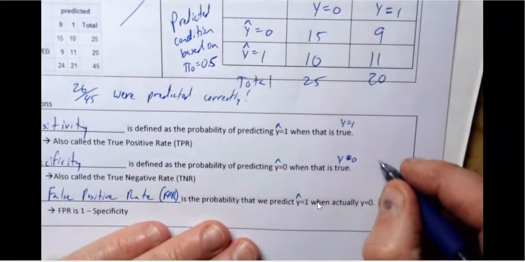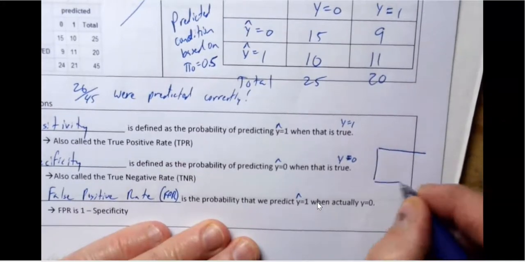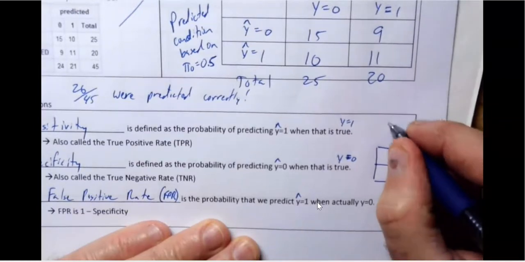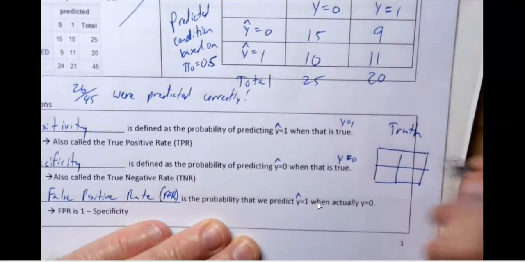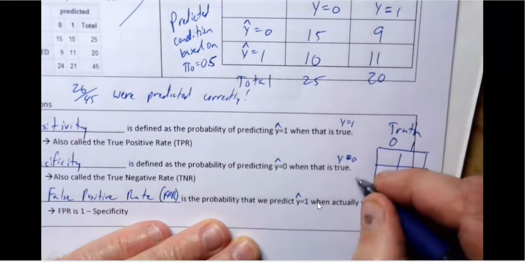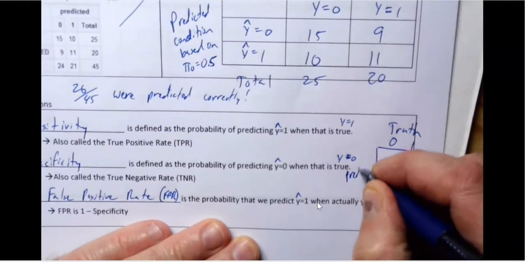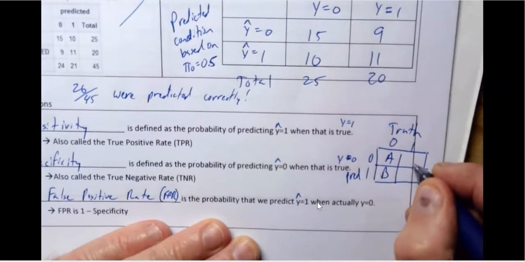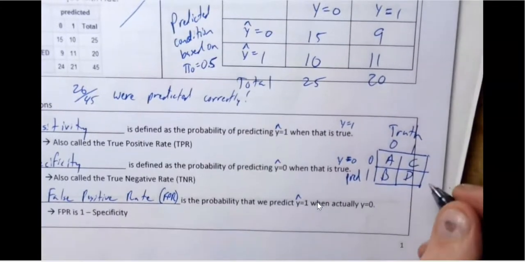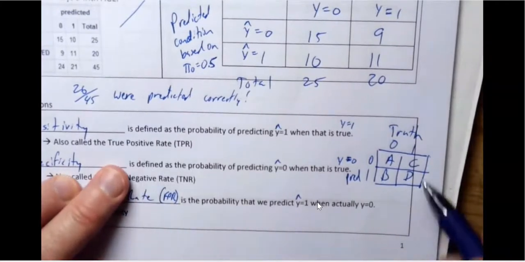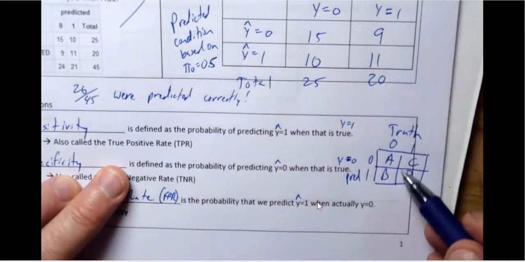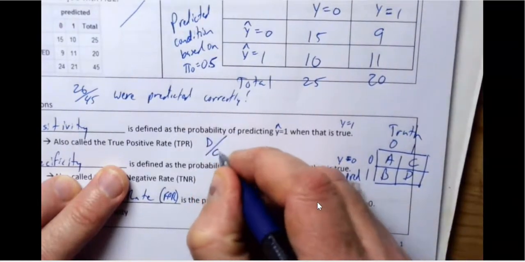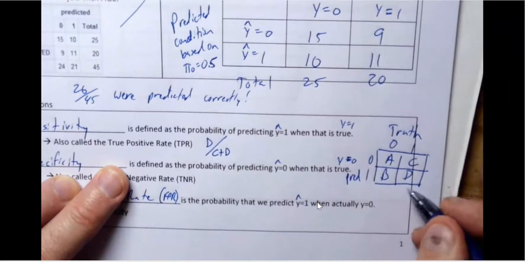So if I write out, I'm just going to create another generic 2 by 2 table over here. And on top here we have the truth, it's either 0 or 1. And over here we have predicted, and it's either 0 or 1. If I call this A, and this B, and this cell C, and this cell D, then sensitivity, we're looking in this column, and it would actually be D over C plus D is our sensitivity.